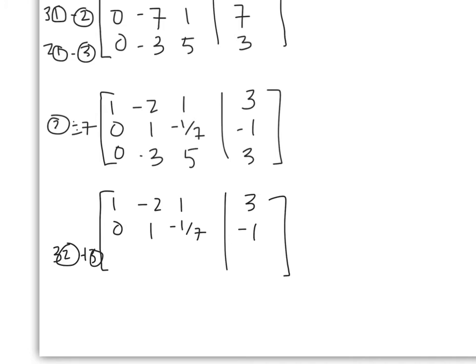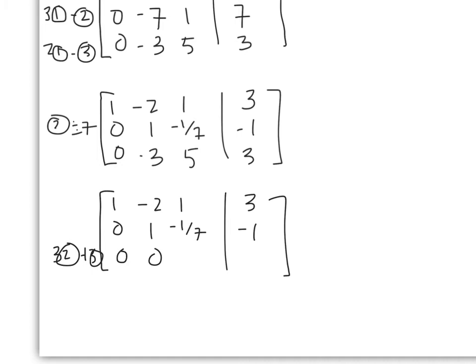So this first one's going to be a 0 because it's basically 0 times 3 plus 0, which is 0. And then our second entry is going to be 3 times 1, which is 3, plus 3, which is 0 as well. Our next entry, we have negative 1/7 times 3, which is going to be negative 3/7 plus 5, because we're adding this.